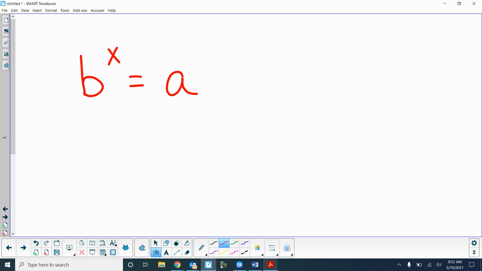And then if we want to write that as a logarithm, in logarithmic form, we would write log base what? What's my base over here? B of the number a equals the exponent x. Okay? That's the first thing we learned when we started talking about these logarithms.